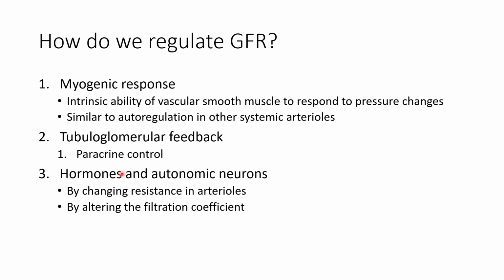So the brain will utilize the autonomic neurons, the parasympathetic, or in this case, the sympathetic neurons for our afferent arterioles and cause them to vasodilate or vasoconstrict as needed. We can also release hormones like angiotensin and renin. They can also alter the filtration coefficient that's occurring in those tissues.